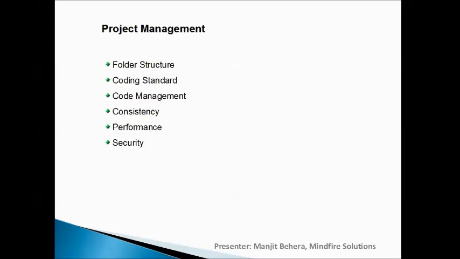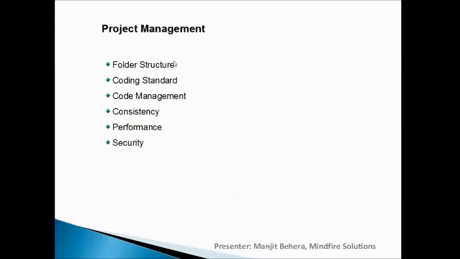So basically we have 6 points. First one is folder structure, second one is coding standard. These two things we have already discussed in the previous section, so we don't need to discuss them again. The third one is code management, then consistency, performance, security.